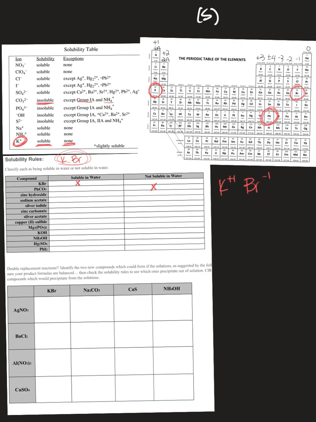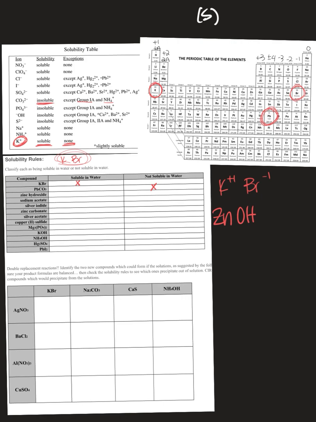Good. Zinc hydroxide. You may not know what hydroxide is, but if you look in your polyatomic ions chart on the bottom left-hand side of your periodic table, hydroxide is -OH. So we have zinc and -OH in this compound.